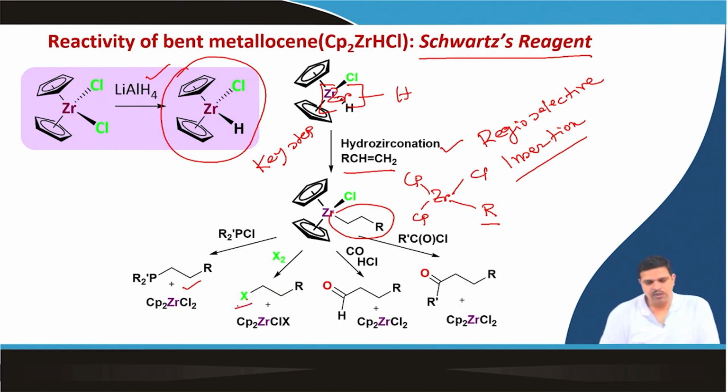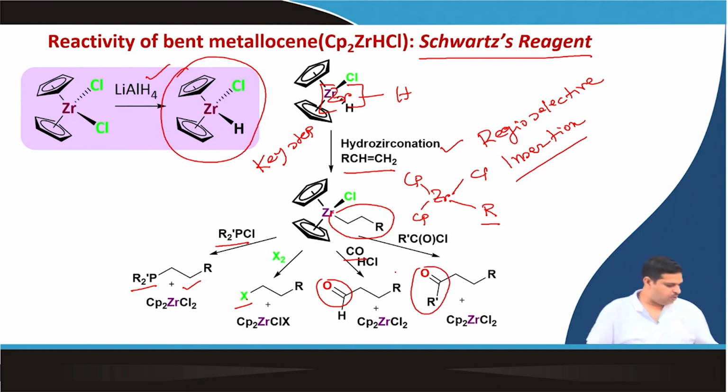Here you see that is X. If you react with phosphine chloride, you will get the phosphine here. If you react with carbon monoxide, you will get the formylation here, and if you react with any keto compound, you will get the acetyl here.